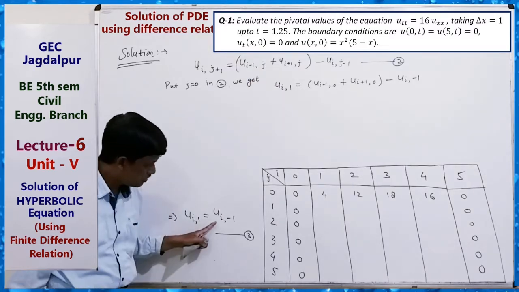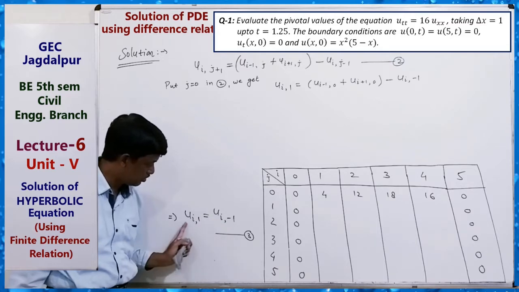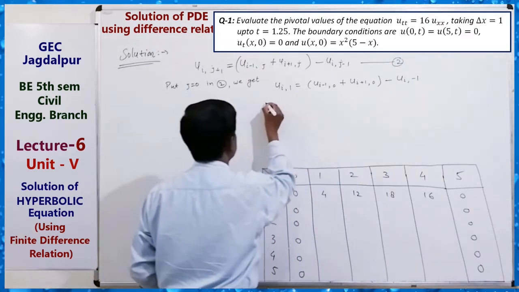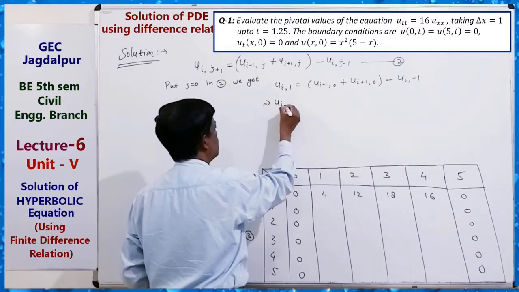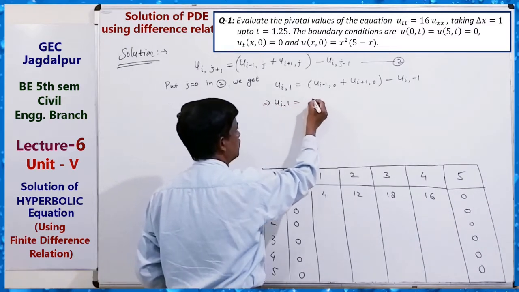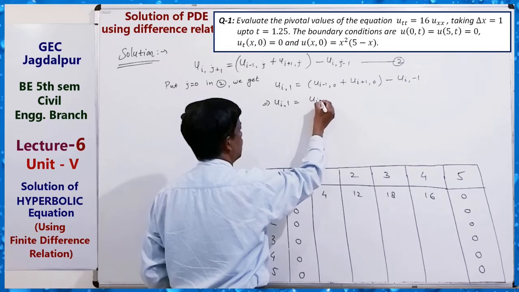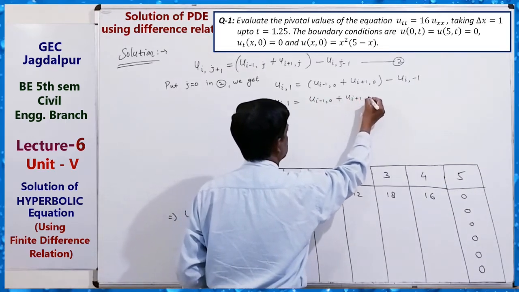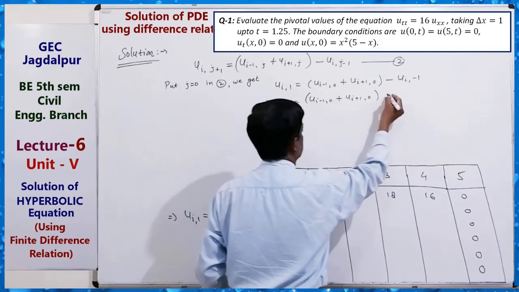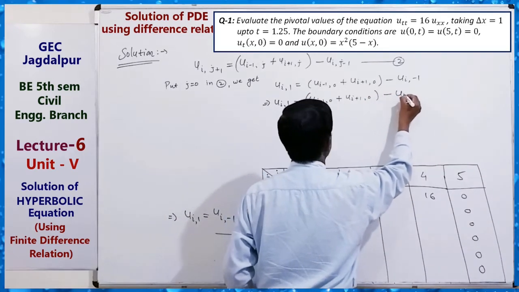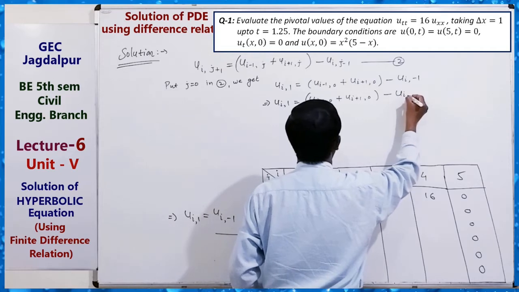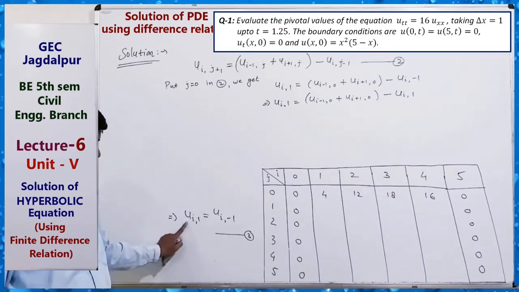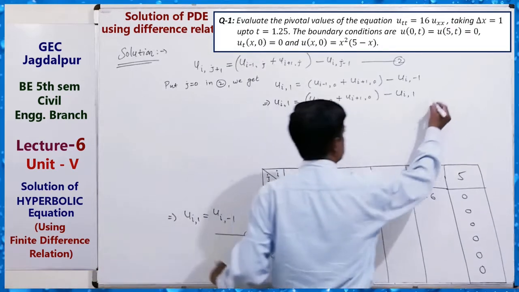Now use this: u I minus 1 equals u I 1. So using the third.